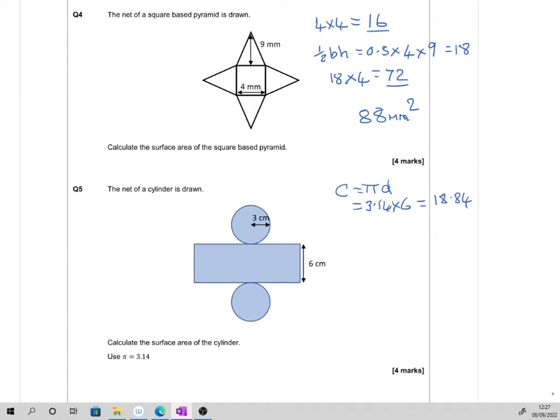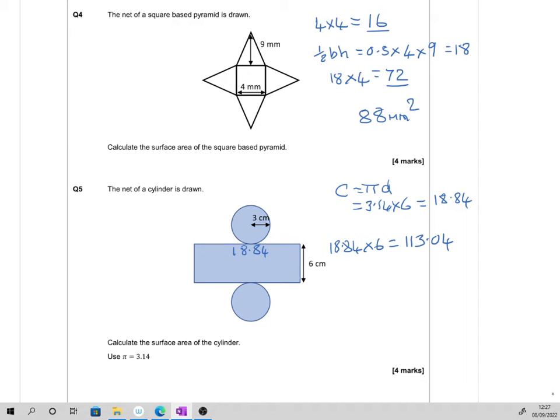Now, the area of this is 18.84 times 6, which is 113.04. Okay, so that's this rectangle in the middle.